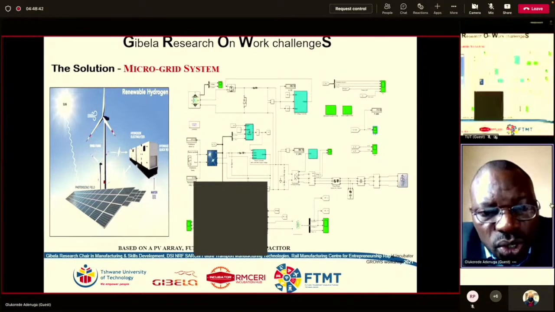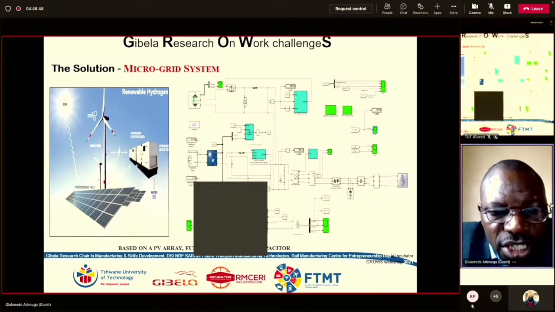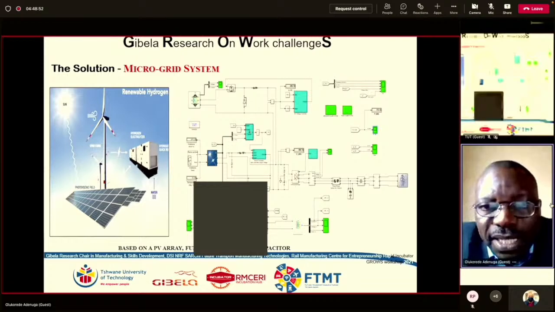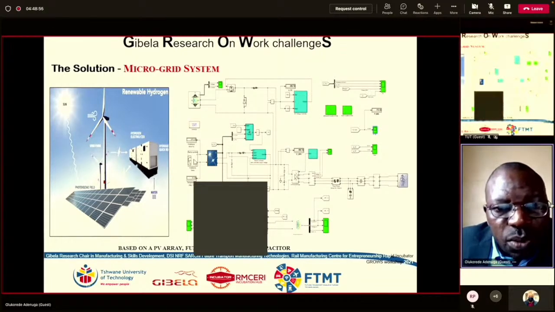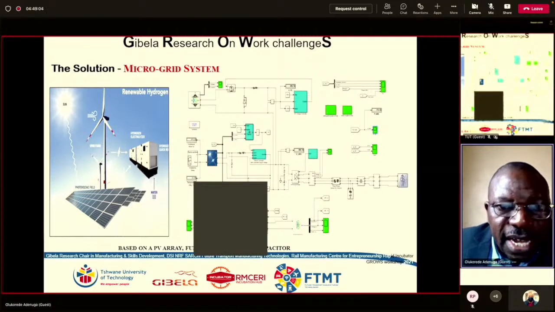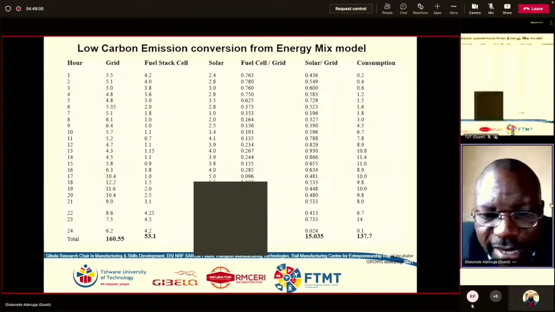And another solution we have come up with in the course of the research in energy is to bring a solution around renewable energies, based on the use of a solar PV array, fuel cell, and supercapacitors. This was done in MATLAB, simulated by one of the students who is currently doing his master's with the electrical engineering department, and he was an intern with us at Gibela.